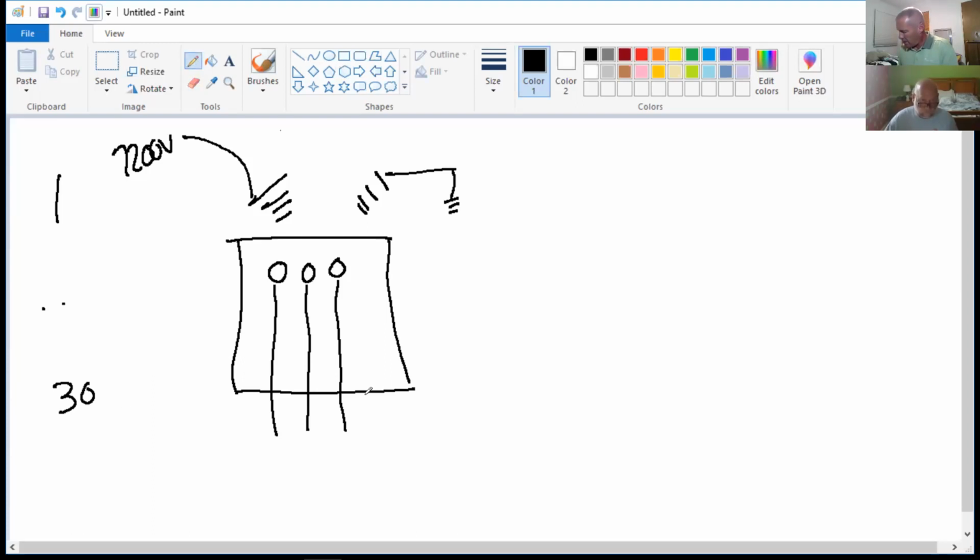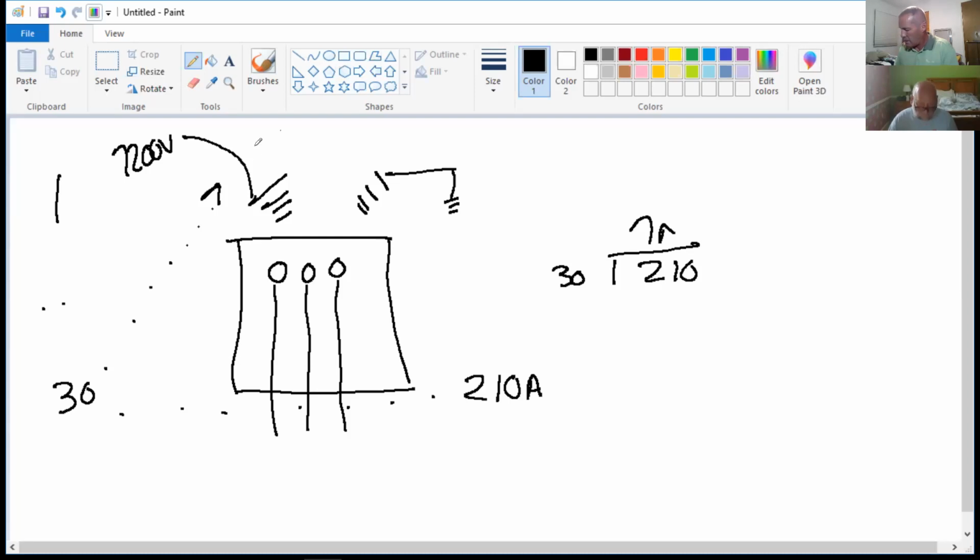I've got an amp value on the secondary side, 210 amps. The ratio still stays the same. Now I'm going to divide by 30, and it's going to give me the amp value for up there. 210 divided by 30, exactly 7 amps. 7A, and that was the one I was asking for.